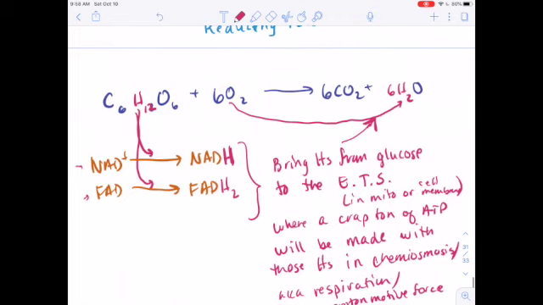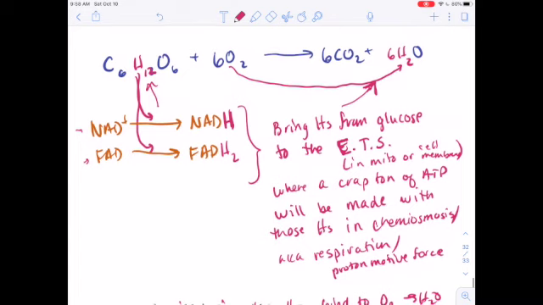So this is just kind of an overview. NAD plus and FAD pull those hydrogens out of glucose and bring them to the electron transport system, wherever it happens to be in that cell. In bacteria, it's going to be in the cell membrane. In eukaryotes, it's going to be in the mitochondria. And they do their chemiosmosis thing and make a lot of ATP for the cell. When they're done, those hydrogens join to oxygen to form water.